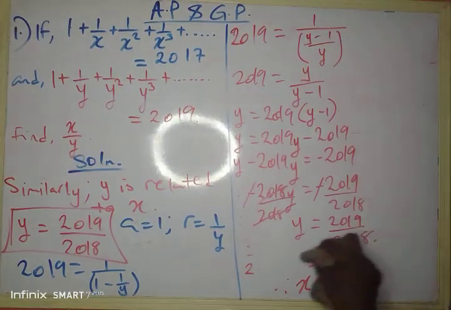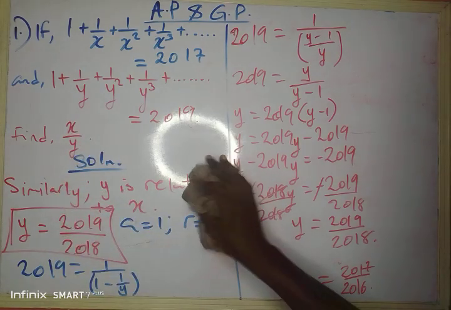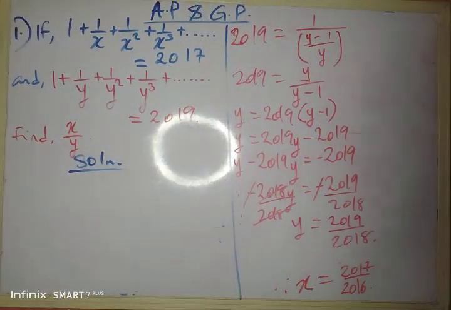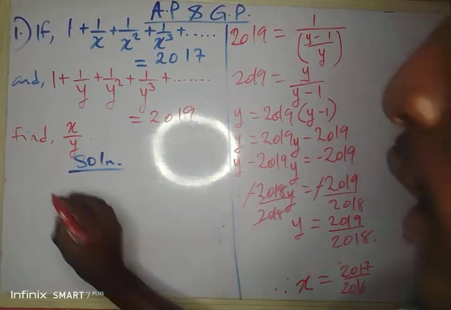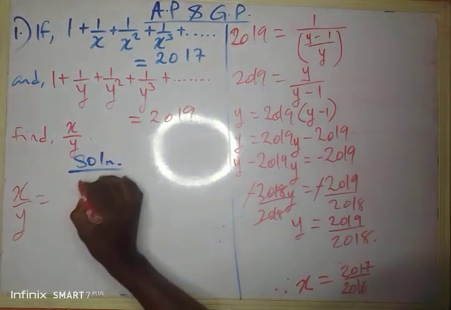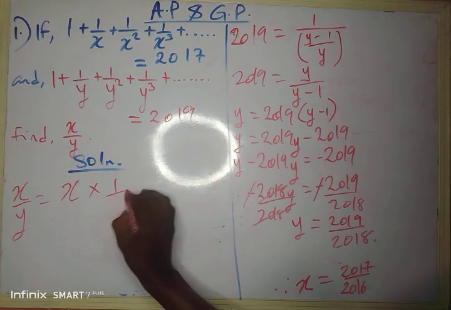Now, remember, that's not the question. Our aim is not to find x and y. Our aim is to find x divided by y. So how do I do that? You can bring the value of x and y in. x divided by y is the same thing as x times 1 over y.